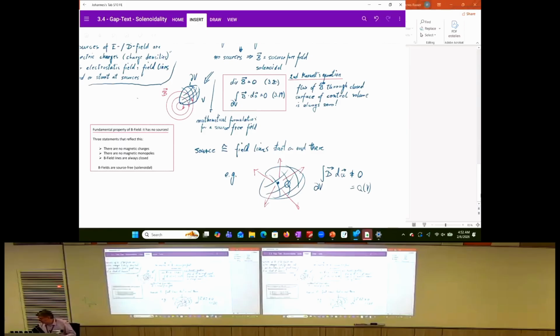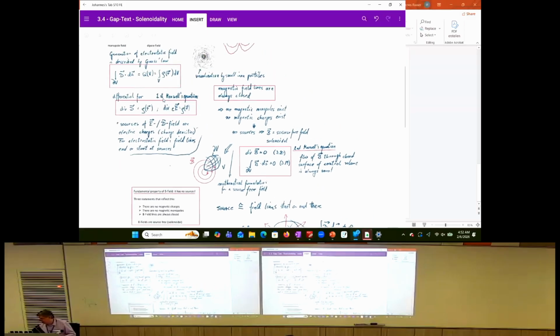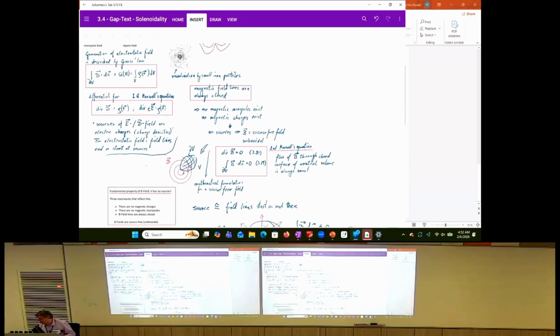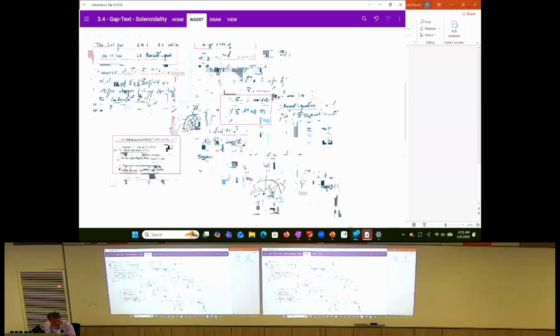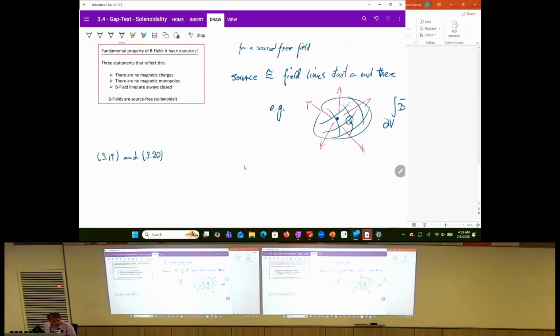Based on these equations, like we did with Gauss's law, where we had a charge distribution given and could use it to determine the electric field, here it will not give us anything, because this is just zero. So equations 3.19 and 3.20 cannot be used to calculate wave fields. Nevertheless, they tell us something about the nature of the B field.